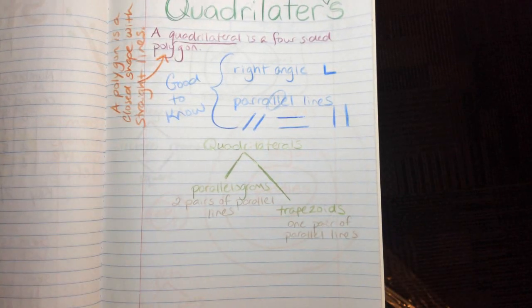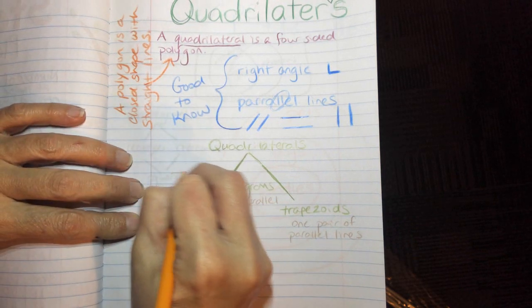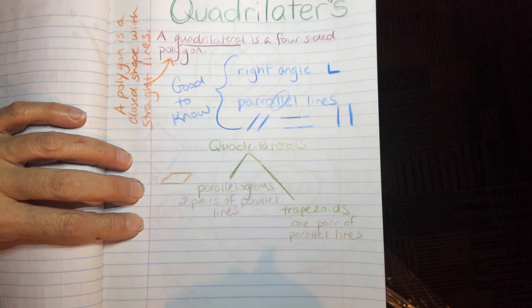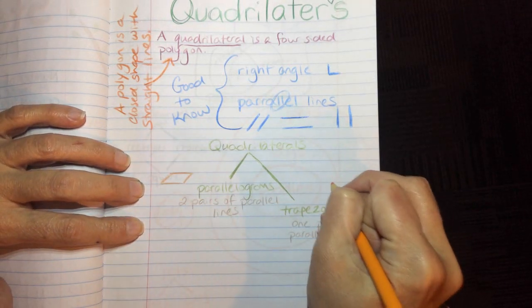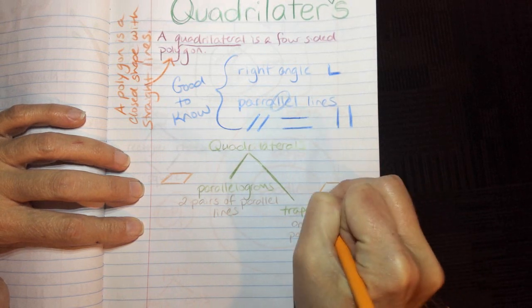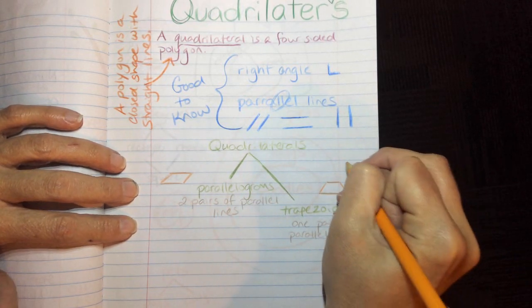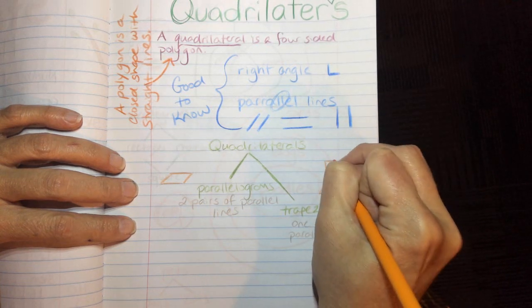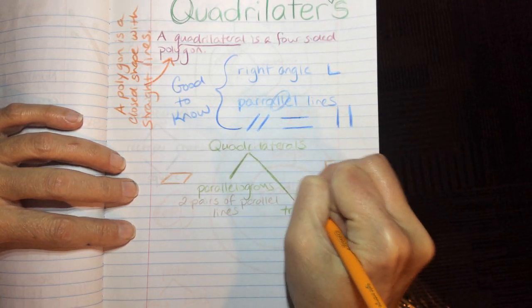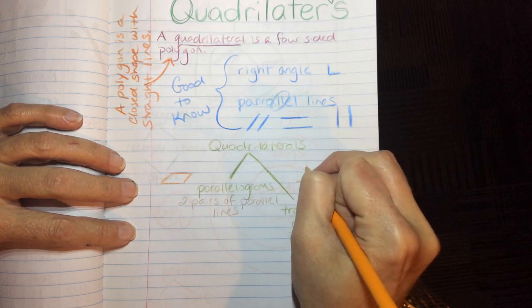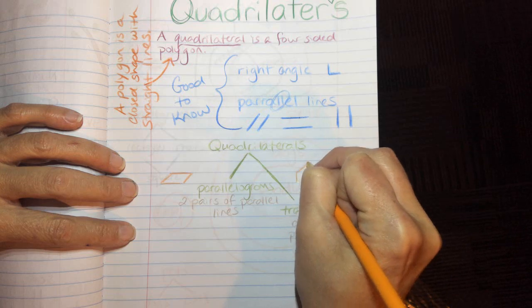If I were drawing some examples, a parallelogram can look like this. And a trapezoid can look like this. A trapezoid can also look like this, or like this.